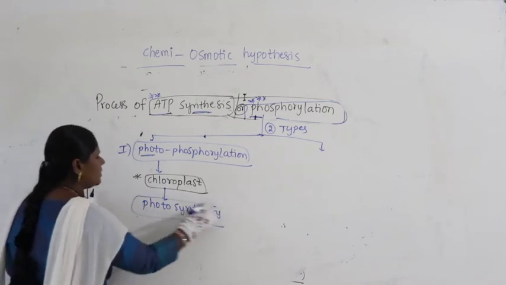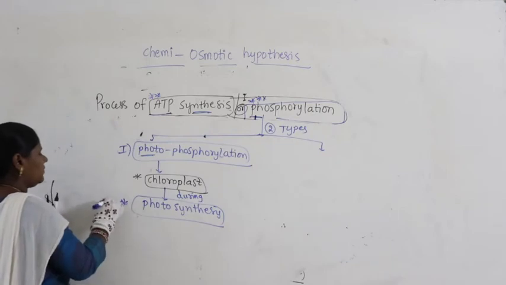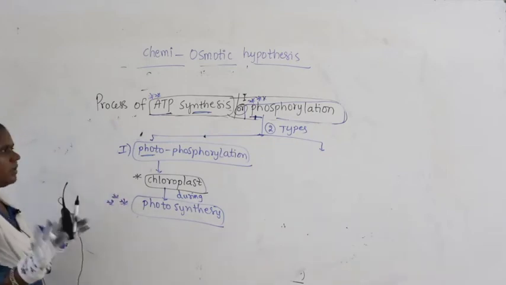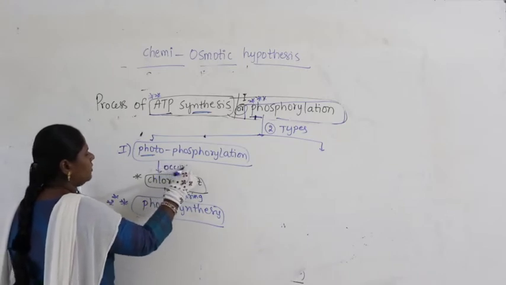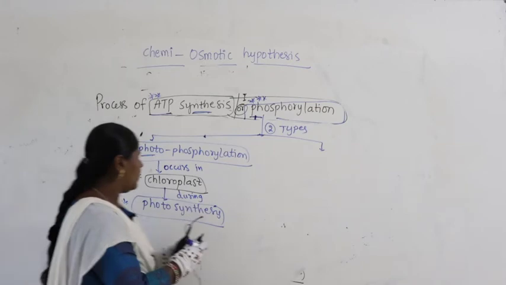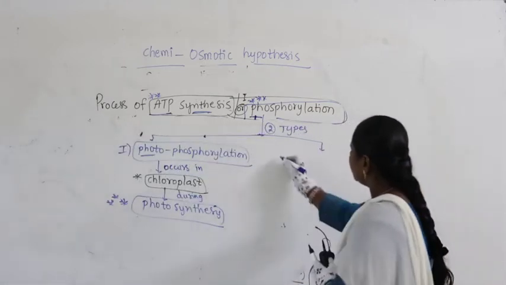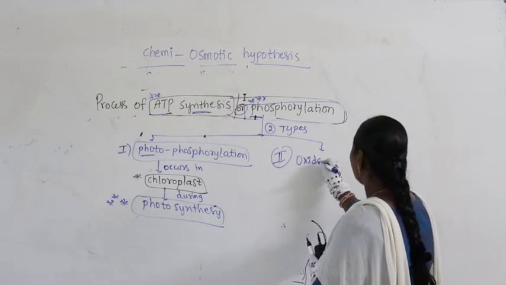So photosynthesis is very important to remember. First one, photophosphorylation occurs in chloroplast during photosynthesis, very important. And the second category is called oxidative phosphorylation.